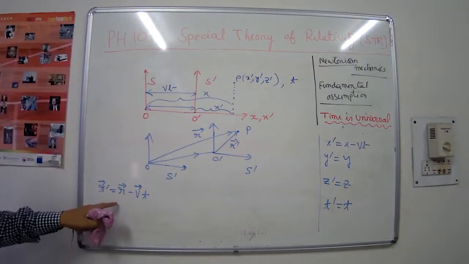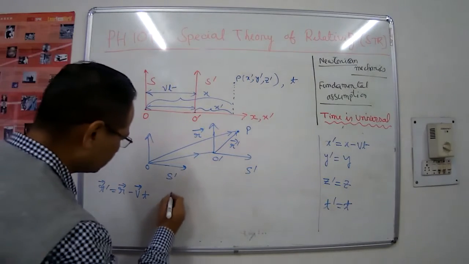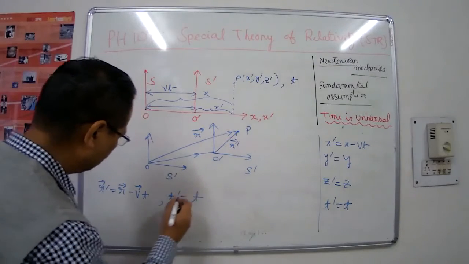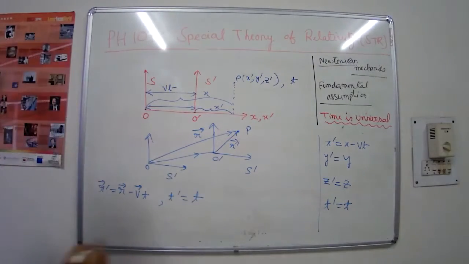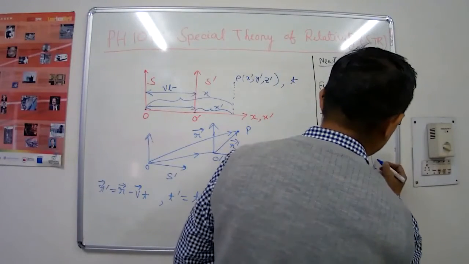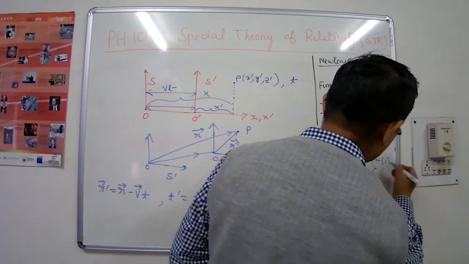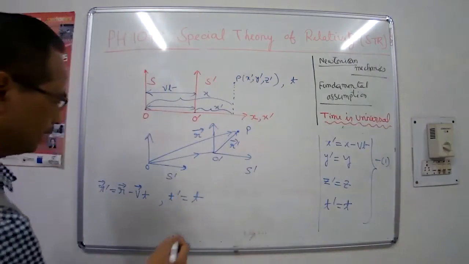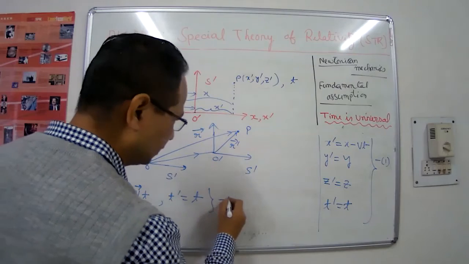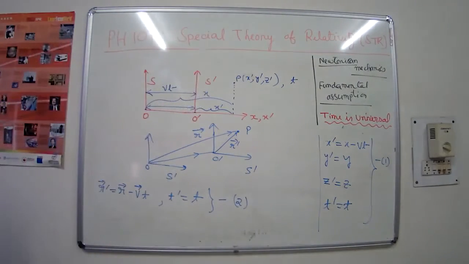So R prime equal to R minus Vt. This is the most general expression. Of course, T prime remains equal to T. So this is, let me give a number. This is the most popular form of the Galilean transformation. But if we want to make it more general, then 2 will be the more general expression of Galilean transformation.